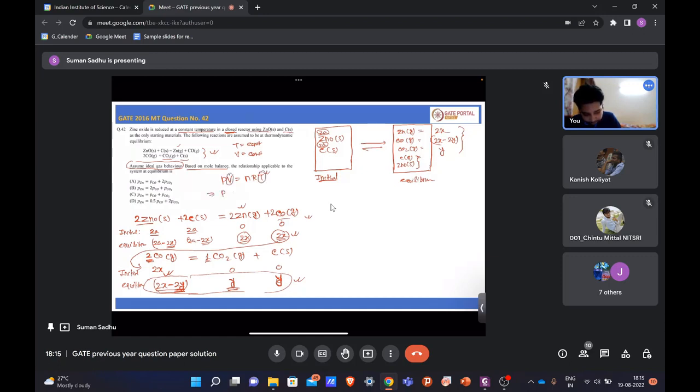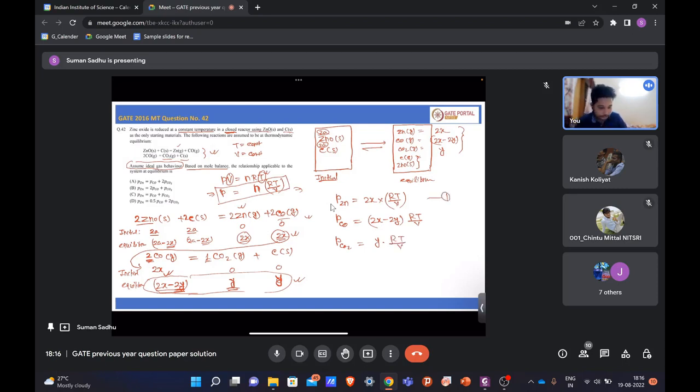So you can write P is equal to n into RT by V. That means P is proportional to the number of moles of the elements present in this closed reactor at equilibrium. So P of Zn is equal to 2x into RT by V. Similarly, P of CO is equal to (2x minus 2y) RT by V, and P of CO2 is y into RT by V.